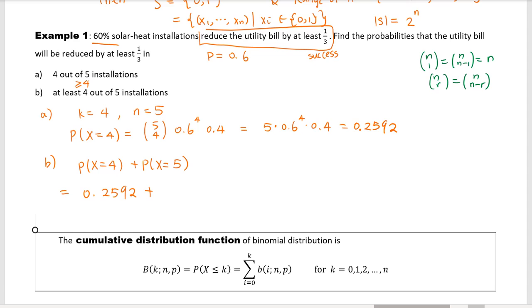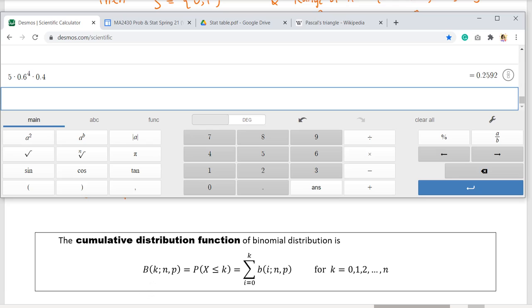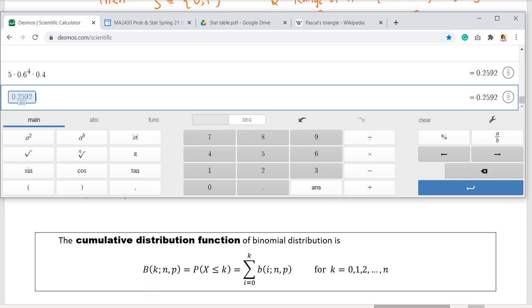So 5 choose 5 is 1, and then we have 0.6 to the 5th, and we have all successes, we don't have failures. So we add the answer plus 0.6 to the 5th, plus, not multiply. So that gives 0.33696.